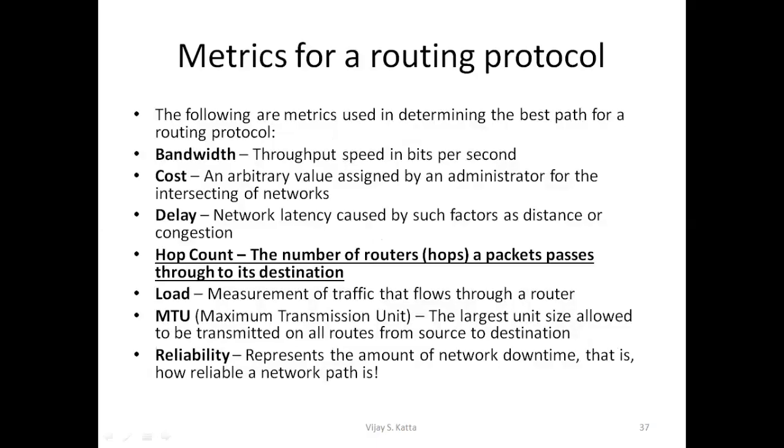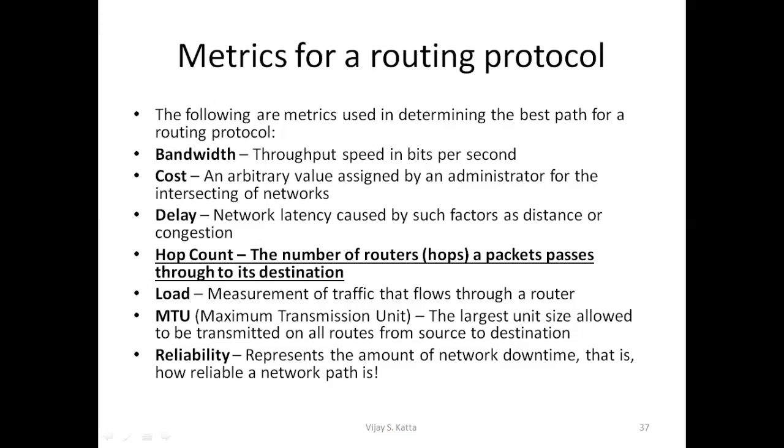A few parameters are bandwidth, that is nothing but the throughput speed in bits per second. Second one is the cost, that is an arbitrary value assigned by the administrator. Third one is the network latency or network delay, which occurs due to distance or a congestion parameter. And the most important parameter is the hop count.